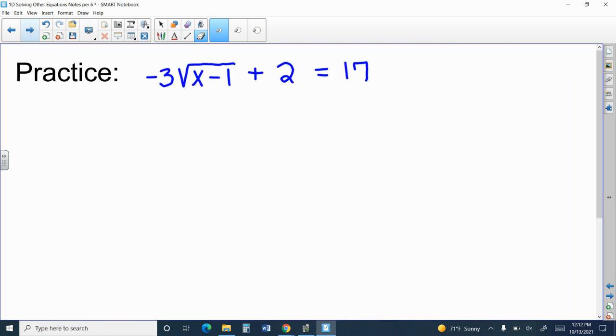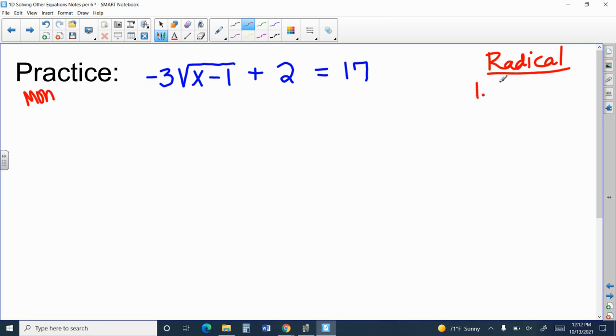All right, here's our next type of problem. This type of problem, these are the ones you saw on the video from Monday. This is a radical equation. Just to refresh your memory, the first thing you want to do is isolate the radical, so get the square root part by itself.